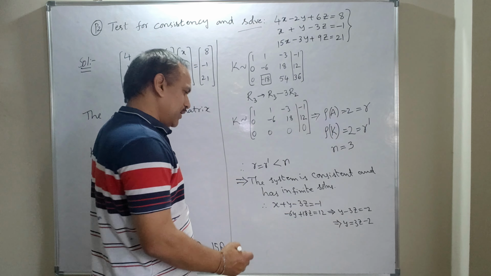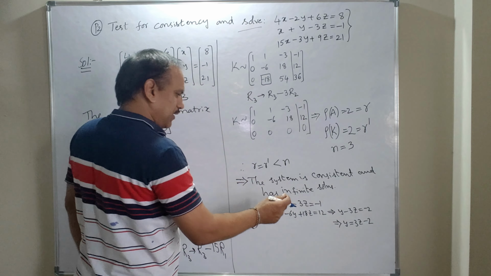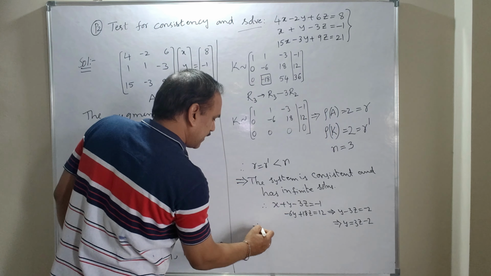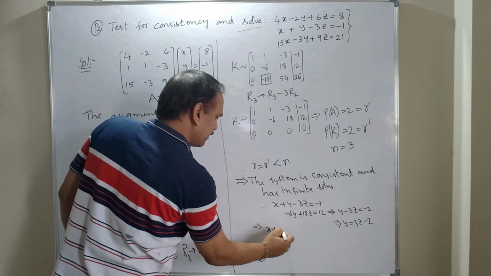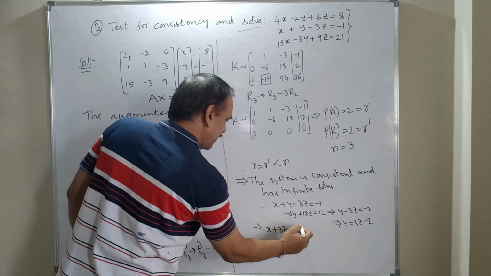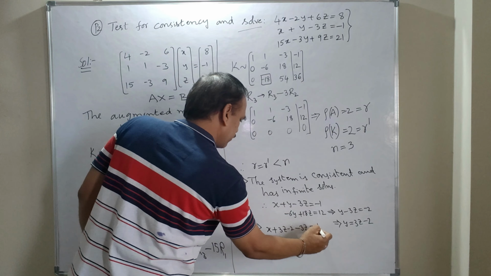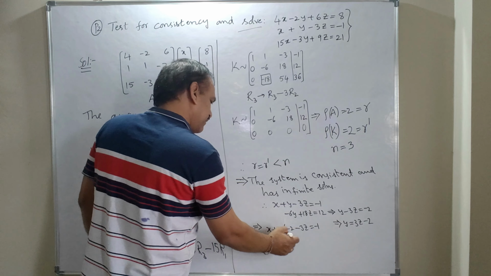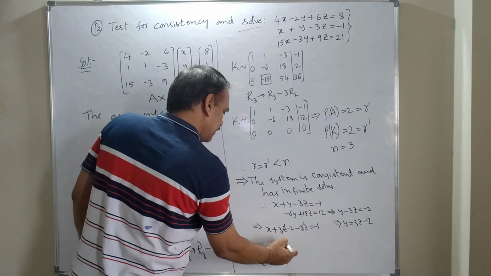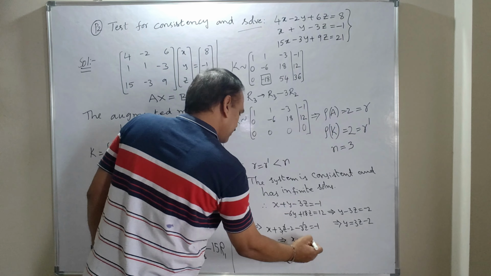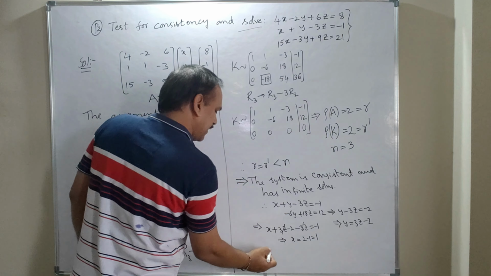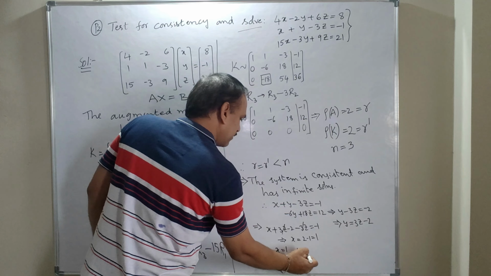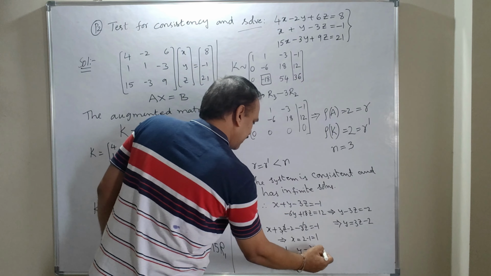And if you write this y in place of y here, what you will get is, therefore x plus 3z minus 2 minus 3z equal to minus 1. Right? So 3z gets cancelled and x equal to 2 minus 1, 1. So luckily we got x equal to 1, y equal to 3z minus 2.